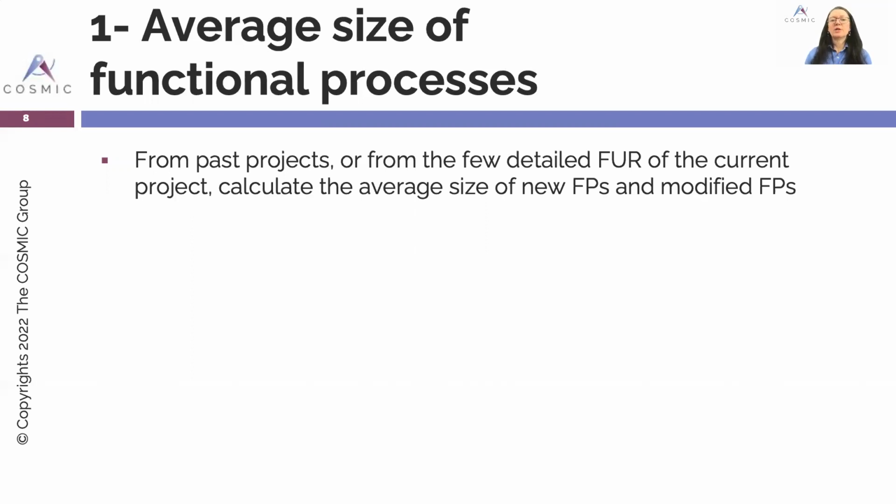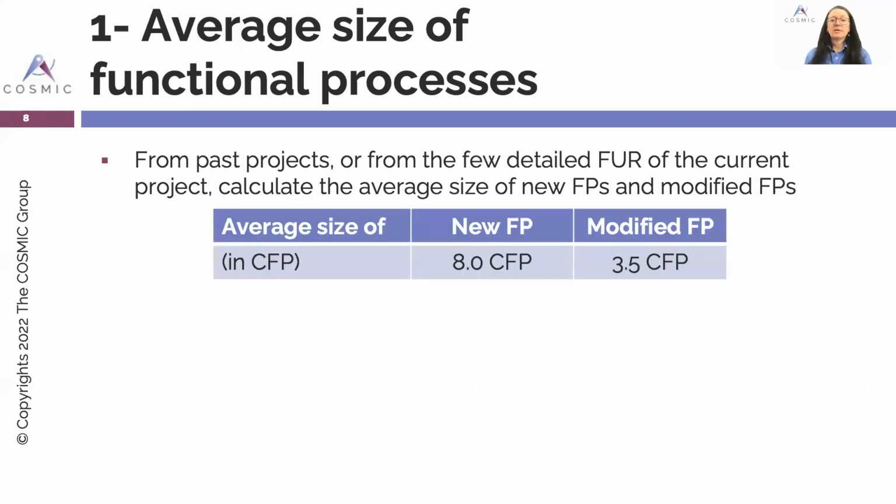From past projects or from the few detailed functional user requirements of the current project, calculate the average size of a new functional process and a modified functional process. You make the list. You just have to tell which one is new and which one is modified. And then you calculate the average size of each of these.